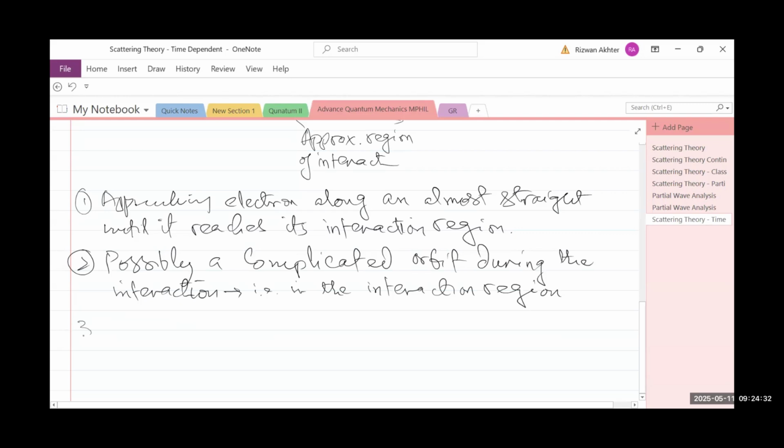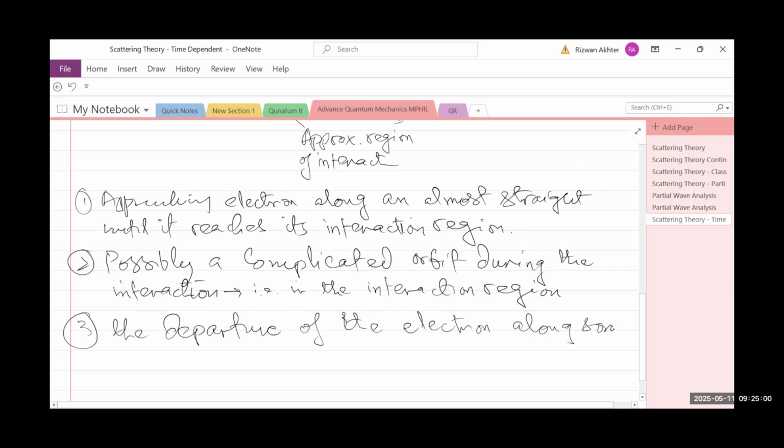And obviously, because we are talking about scattering theory, there has to be an outgoing particle. So that would be the departure of the electron along some orbit.